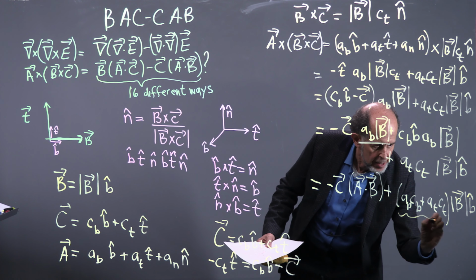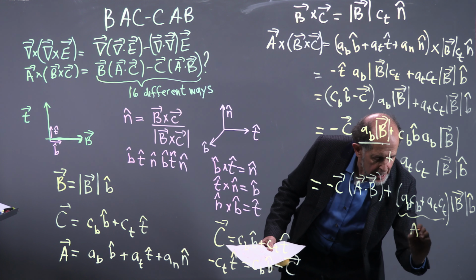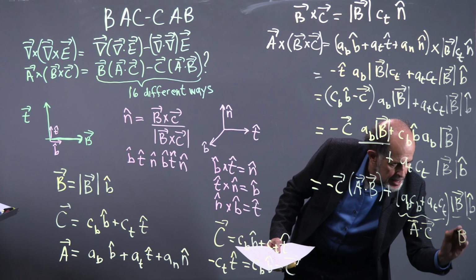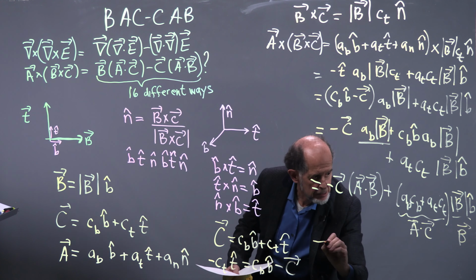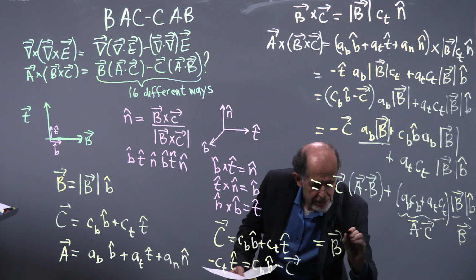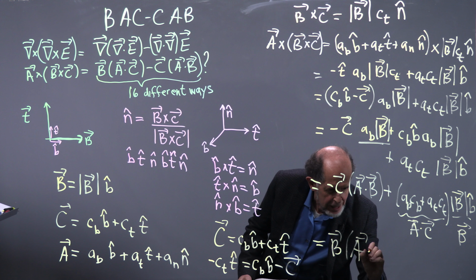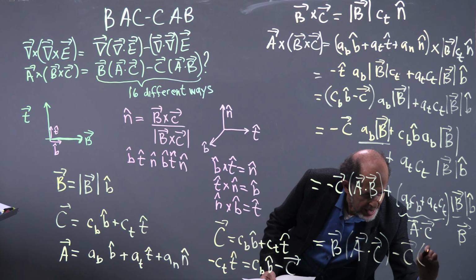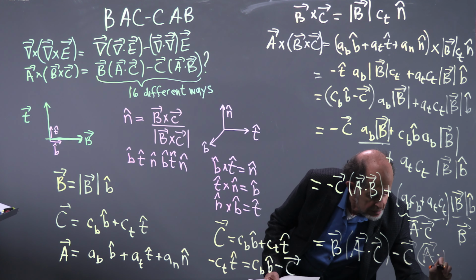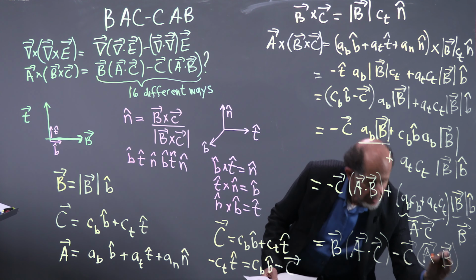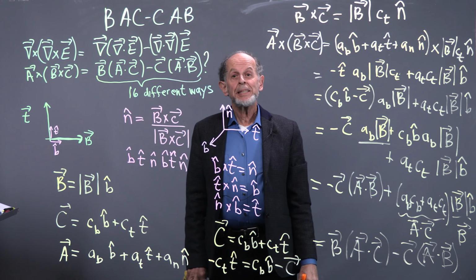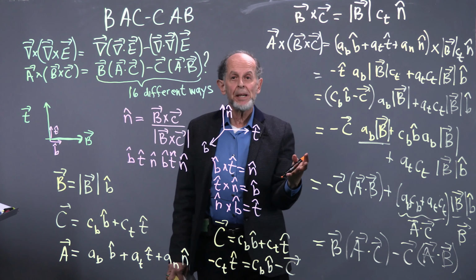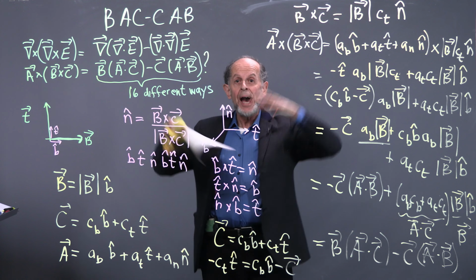So this is just A dot C, and this, of course, is B. So this is equal to B into A dot C. There's the back. There's the cab. Hooray, we're done. We did it, and we now know where this comes from, and we have the geometric intuition, and hallelujah.